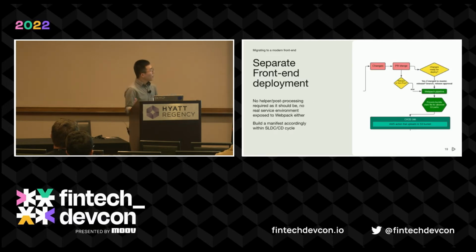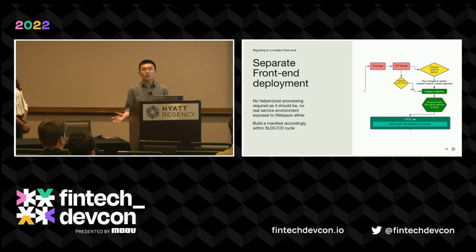What we came up with was to utilize our existing SDLC and continuous deployment cycle as much as possible, and build a manifest accordingly within that cycle so that we don't have to deal with some messy post-processing helper or coordinator.